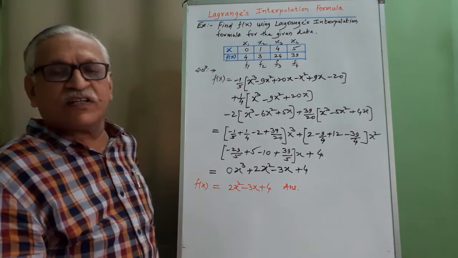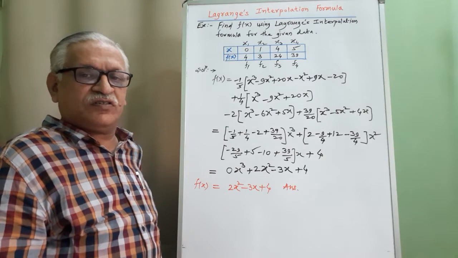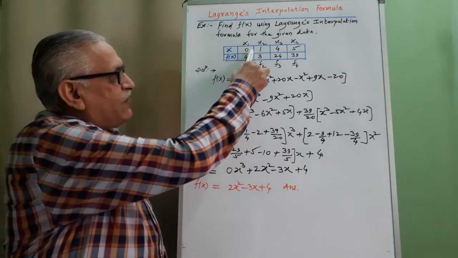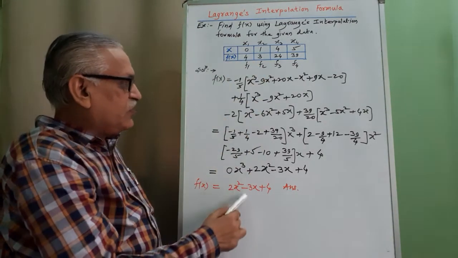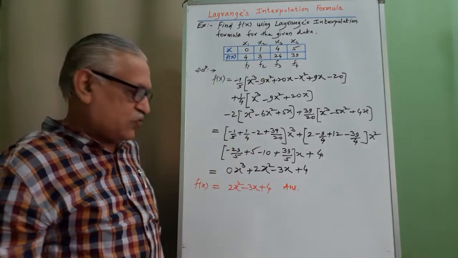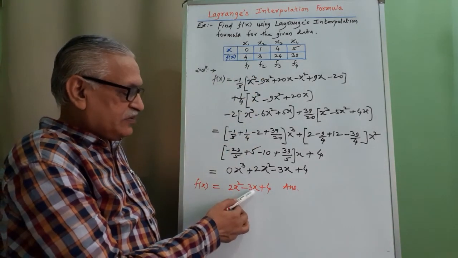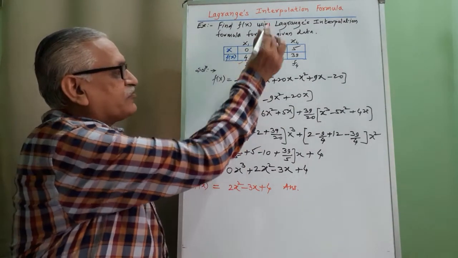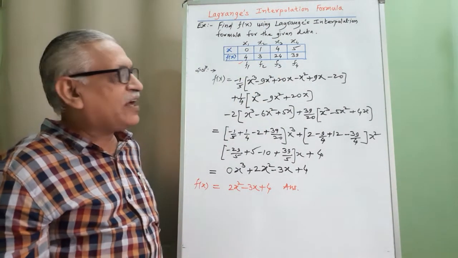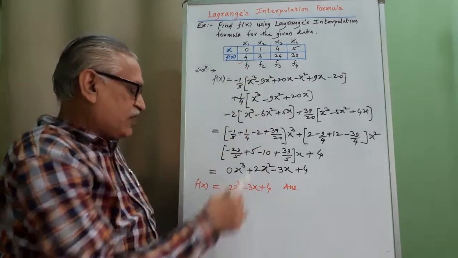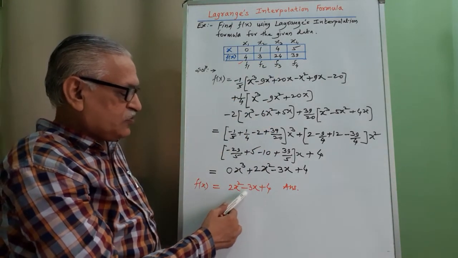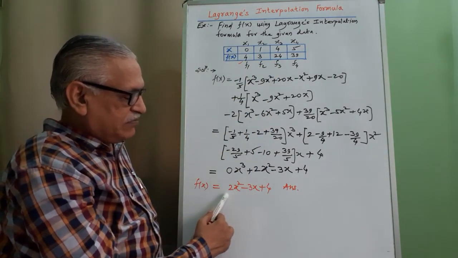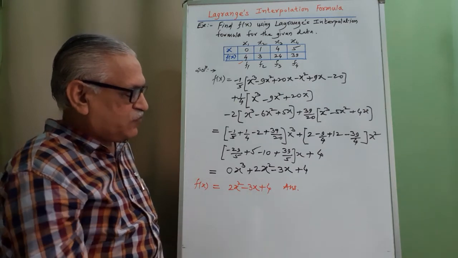is the required f of x obtained by Lagrange's interpolation formula. We cross check whether the obtained answer is correct or not. If we put the value of x as 0, we must get corresponding value as 4. Therefore 0 plus 4, we get 4 as the correct value. I will check for one more. When x is 1, we get 2 into 1, that is 2, 2 minus 3 minus 1 and plus 4.